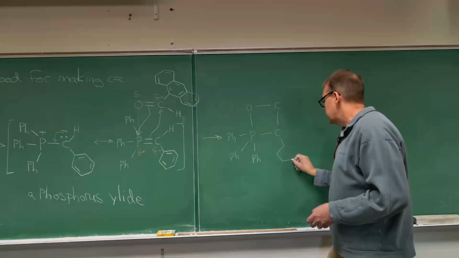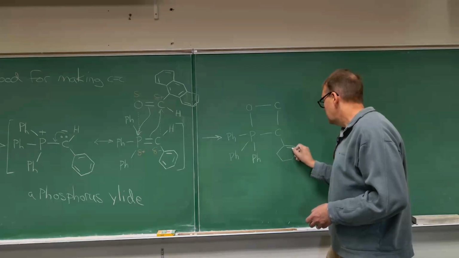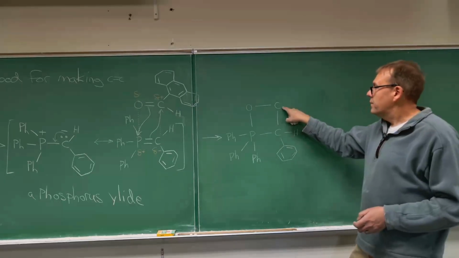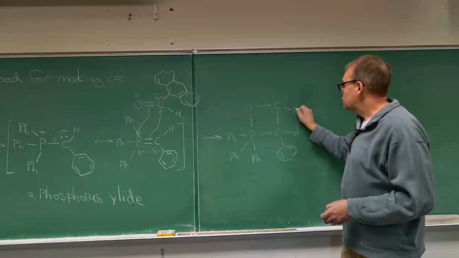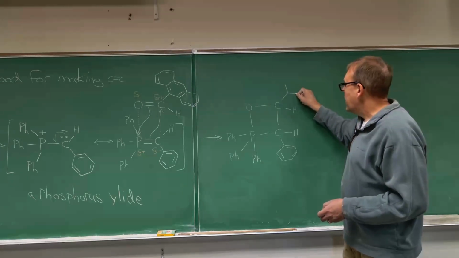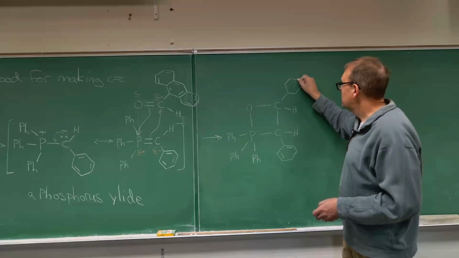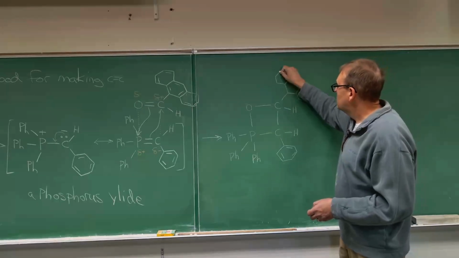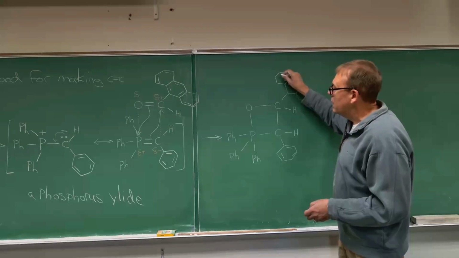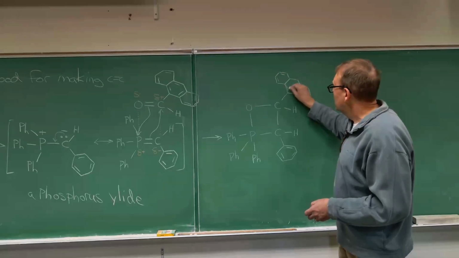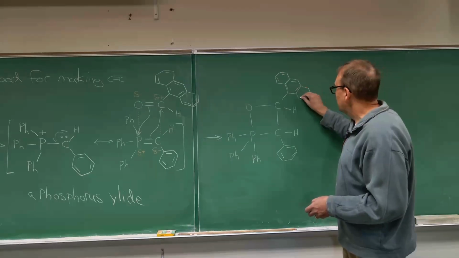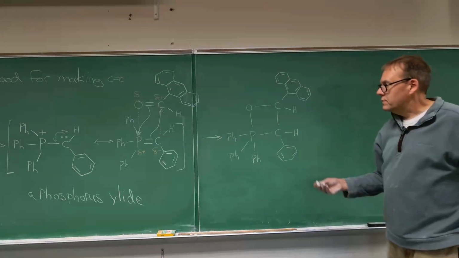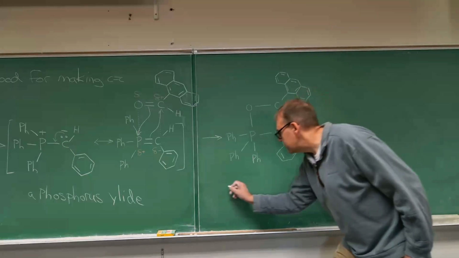There's still a phenyl group attached there, and a hydrogen. And then what came with the carbonyl was an H and this big anthracene ring system. So everything still kind of comes with. So it's just a matter of keeping track of what bonds are forming and what bonds are breaking. But this species is an intermediate that's called an oxaphosphetane.